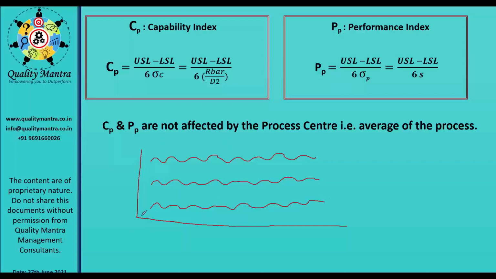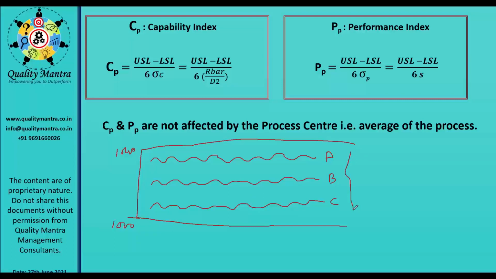This is your specification limit, for example, 1000 degrees centigrade lower and 1040 degrees centigrade upper. Now furnace A is running here, furnace B is running here, and furnace C is running here. If you calculate the CP or the PP, because the standard deviation is the same for all the processes, the variation is the same. It means your value of CP and PP will be same for all the 3 processes.